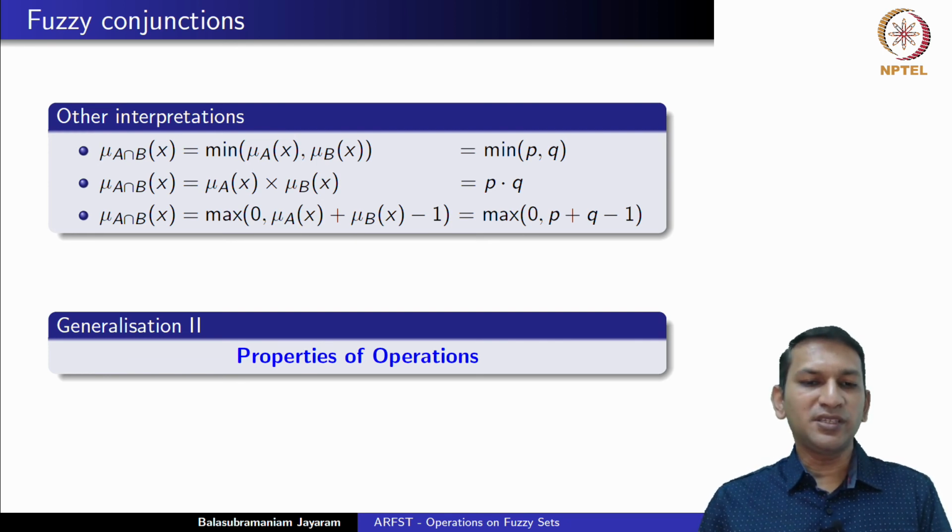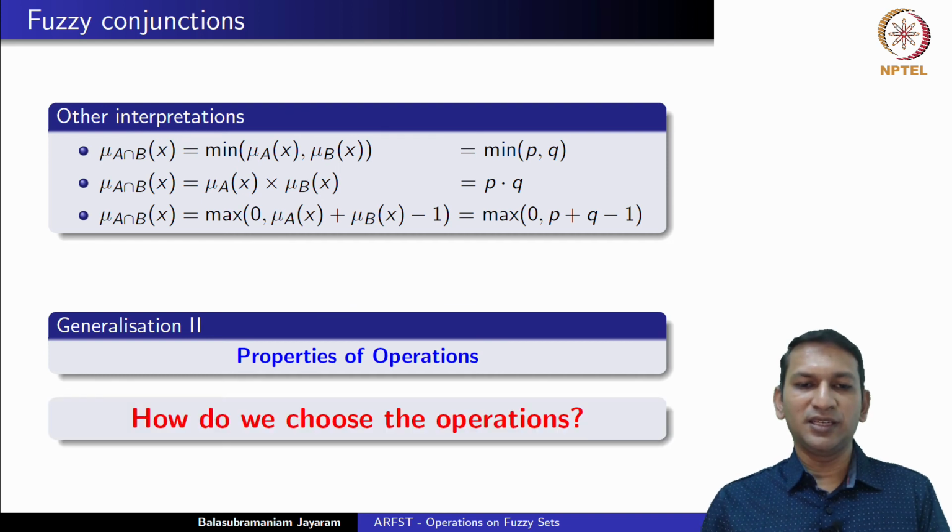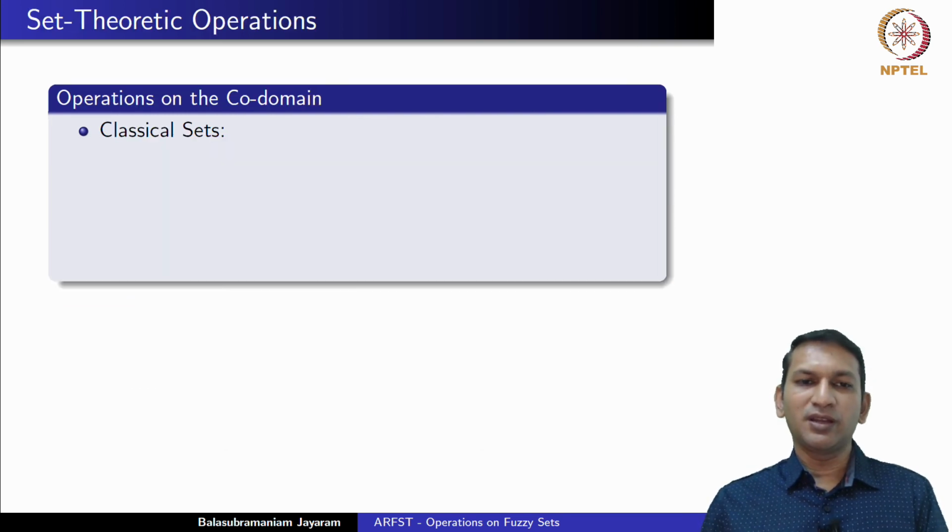Now, the question that automatically arises is, how do we choose the operations? Of course, the context will play a role. However, there are some interesting correspondences that if you look into, they are quite insightful for us.